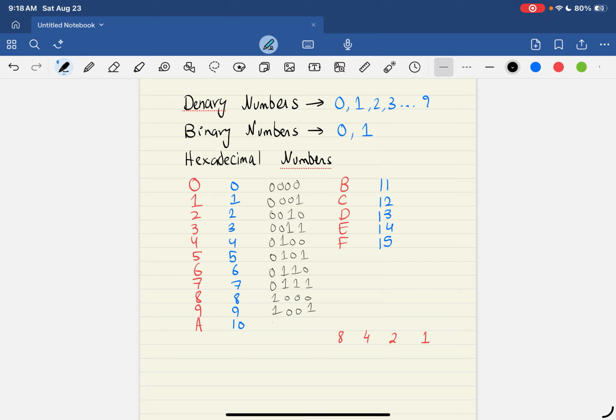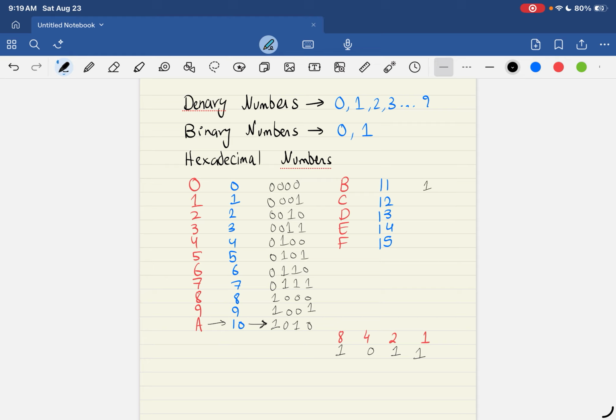Now for 10 it would be 8 and 2. A is represented by 10, and in order to represent 10 using the 4 bits, we have to make 8 as 1 and 2 as 1, and the rest of them would be zeros. In the same way, in order to represent B, we have to make up a total of 11, so we will make the 1 as 1 also.